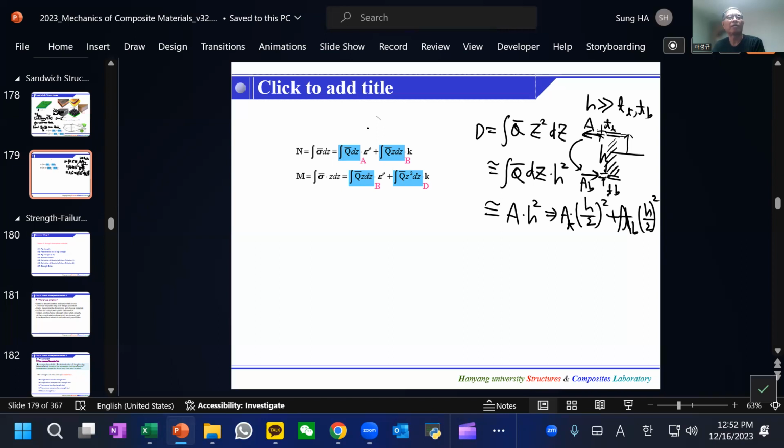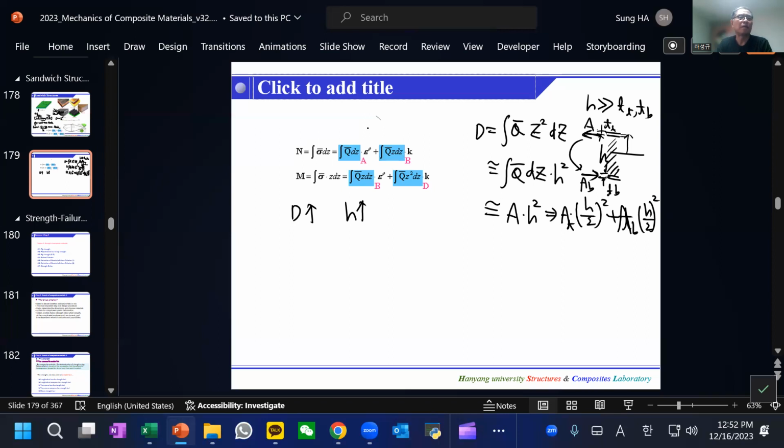So this is D. And the main point is that D can be increased very effectively by H. By increasing H, for the top skin and bottom skin, we don't have to add a lot of composite, which, cost-wise and mass-wise, is mainly A and B. The core is relatively very cheap and relatively very easy to increase in thickness.